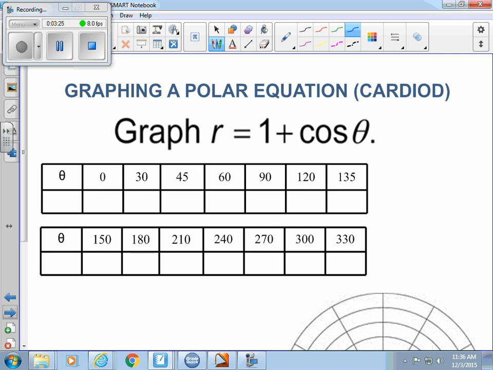So what's the cosine of 0? What's 1 plus 1? 2. What's the cosine of 30? Square root of 3 over 2. Square root of 3 over 2 plus 1.